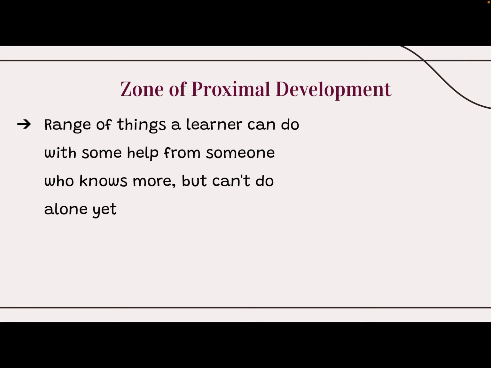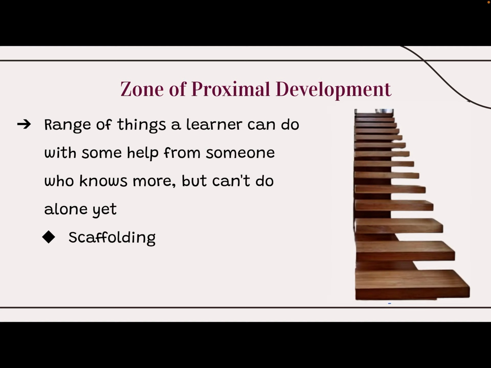The zone of proximal development is basically the range of tasks that a student can perform with some help and guidance, or some scaffolding, to use another teacher term, right? But those are things that students cannot yet do independently. If we think about this staircase, the bottom step represents what kids can do by themselves without help.